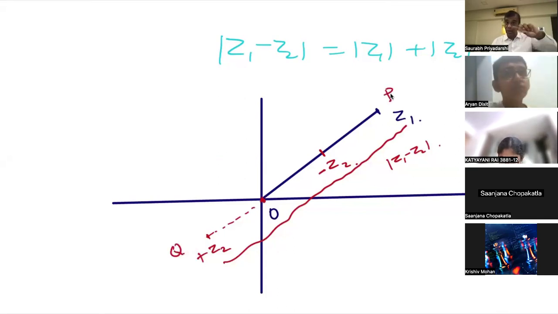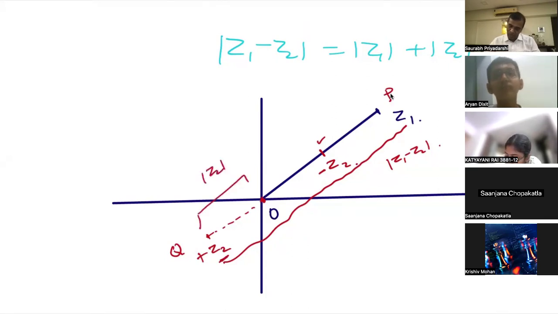See this carefully. The angle measurement will be different. Initially, Z1 was here, so we are not able to construct this collinearity. I'm able to construct this collinearity only if Z2 is here. Then this will be minus Z2, or I can say this length is Z1 and Z2. What is this length?